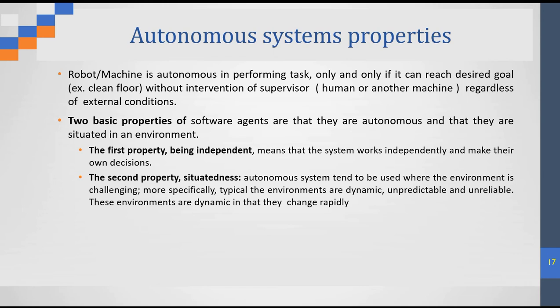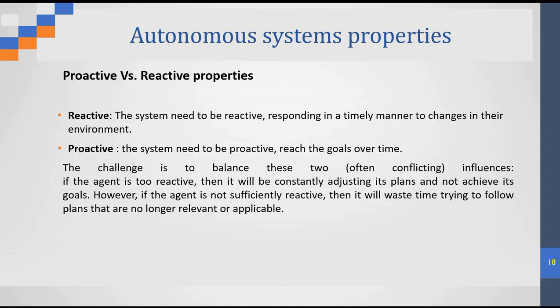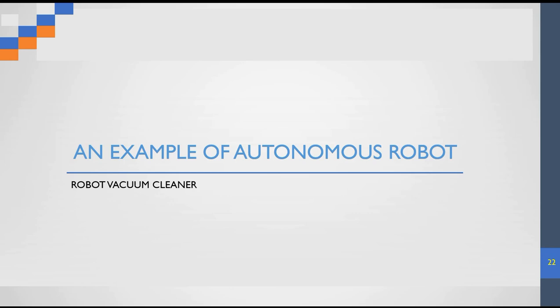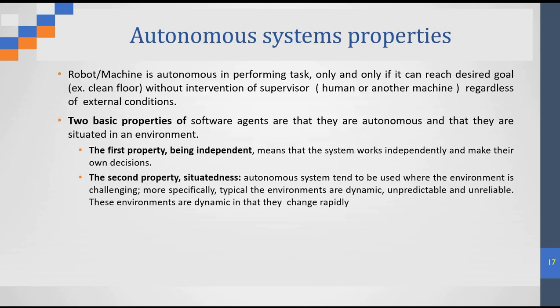Okay guys, if we talk about the properties, we now have two main properties. We have another list here, this is the list of all the properties, but there are two main properties.